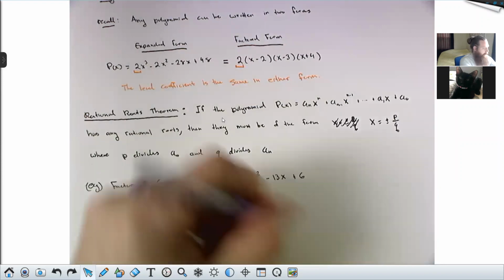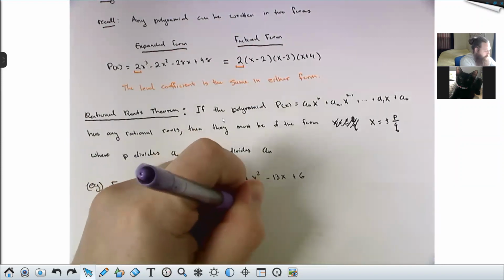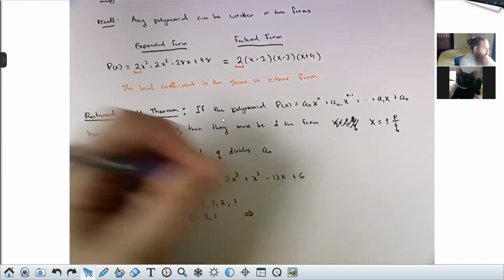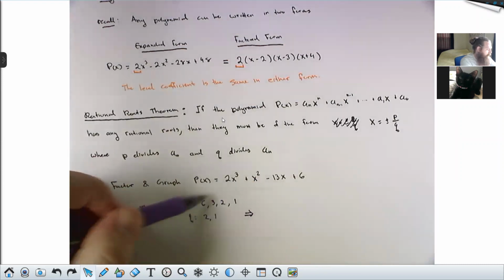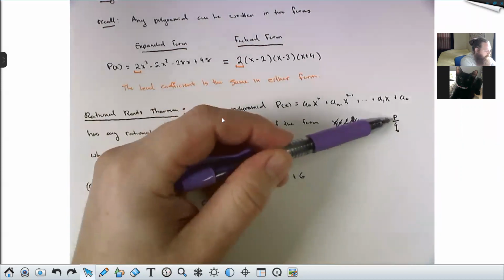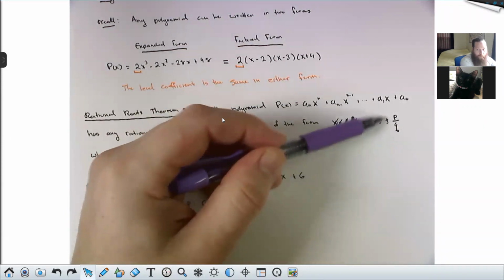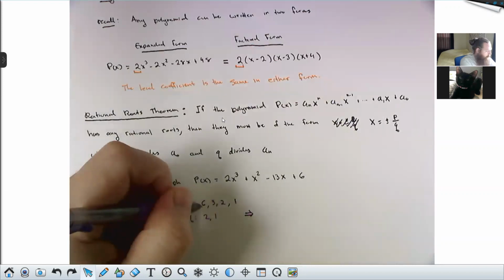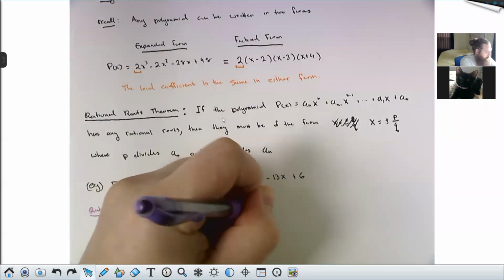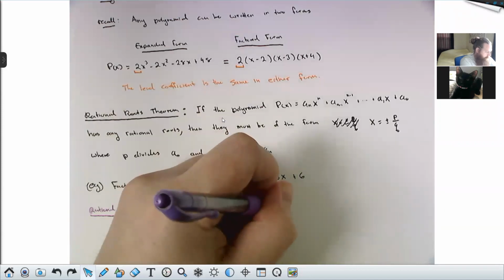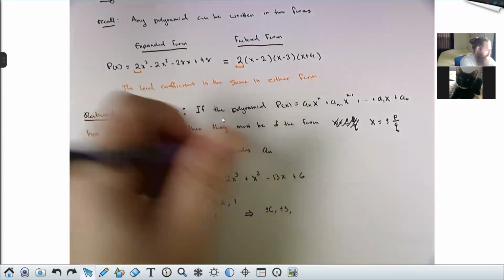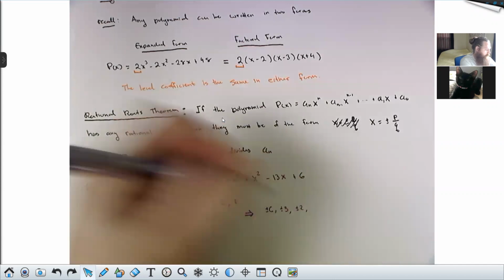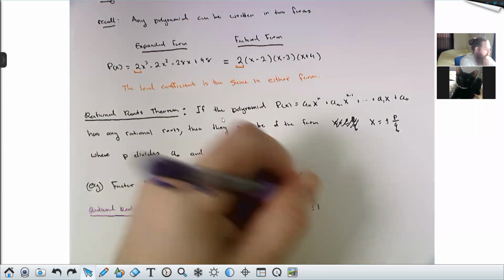So this means that my possible rational roots, we have to take every fraction where the numerator comes from this list and the denominator comes from this list, right? Possible P's over Q's, and we have to include the plus and minus. So here's how I do this. I start with everything from here over 1. So I'd say that's plus minus 6 over 1, plus minus 3 over 1, plus minus 2 over 1, and plus minus 1 over 1.